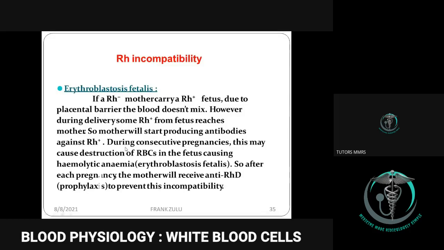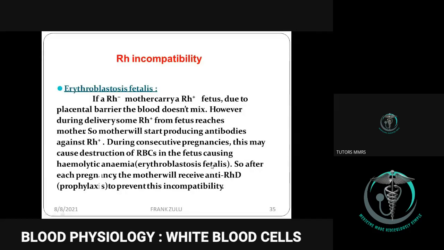And therefore, when the person has the second pregnancy, the antibodies will penetrate through the placenta and start causing hemolysis in the child. That hemolysis is what is going to cause hemolytic anemia, and that is what we call erythroblastosis fetalis.